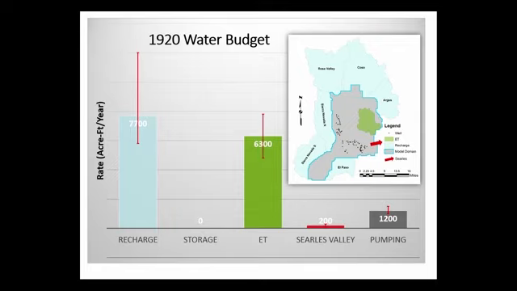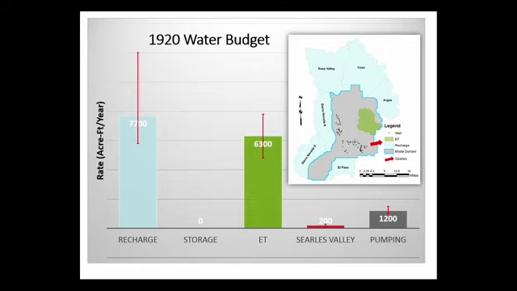Moving on, prior to significant pumping, most of the water was discharged as evaporation or transpiration at or around the playa area. Again, as I said earlier, there's a little bit of interbasin flow towards the Salt Wells Valley. And even in 1920, there was a small amount of domestic pumping on the order of 1,200 acre-feet per year.